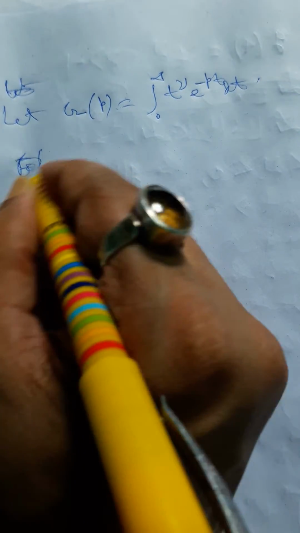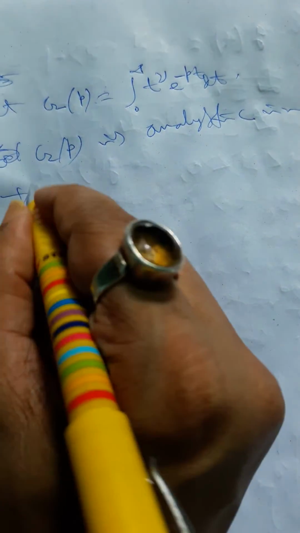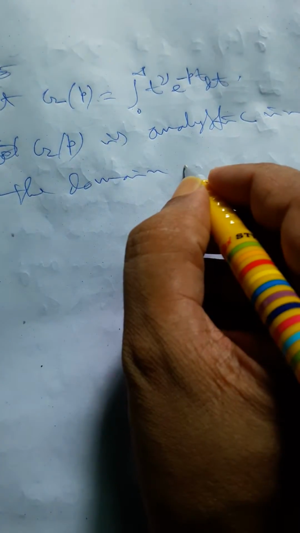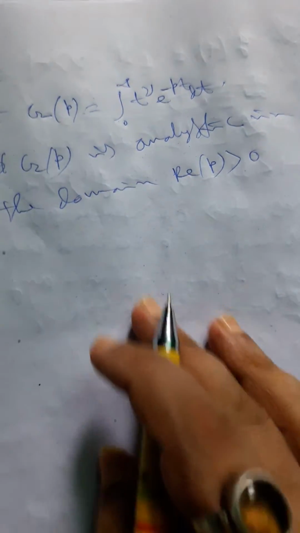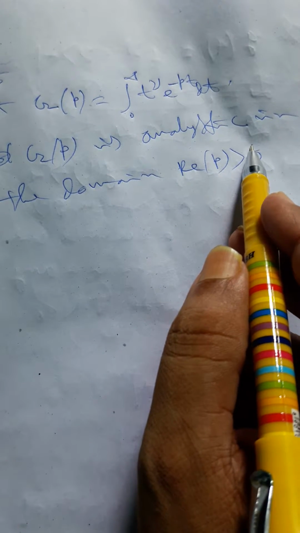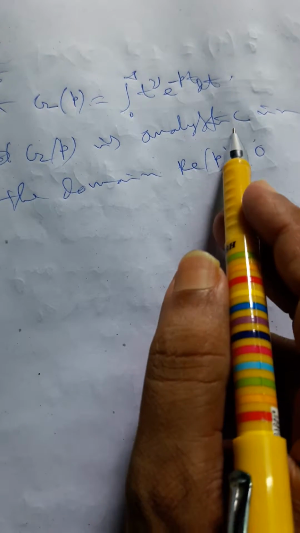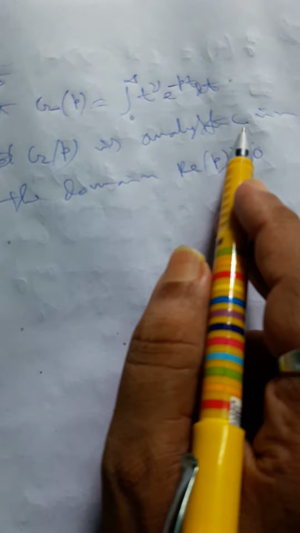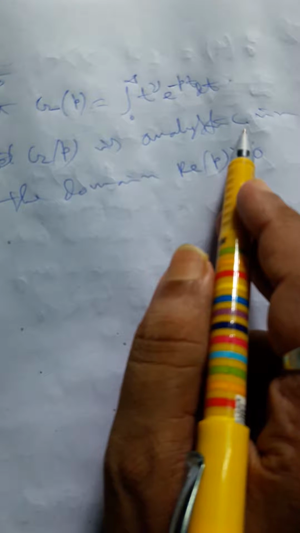It is known that G(p) is analytic in the domain real p greater than 0. Here we find a new term, analytic. This analytic function comes from complex analysis basically, so it is not possible here to discuss rigorously what an analytic function is, but we will discuss it later in the chapter on complex analysis.